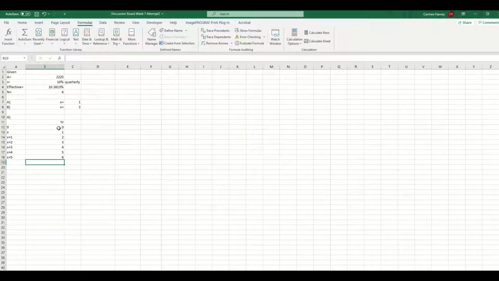Okay, now we're left with our years that we want to focus on. For all of these years, starting at x, there are payments being made of $2,225, and that's the same for every year.